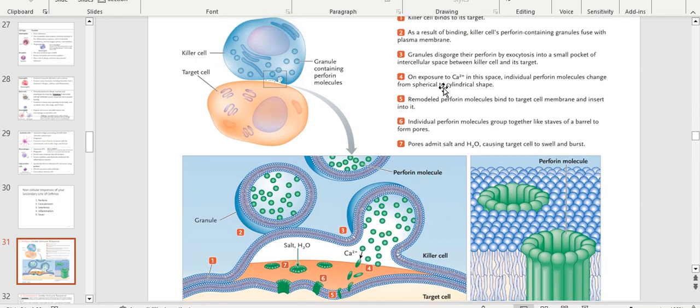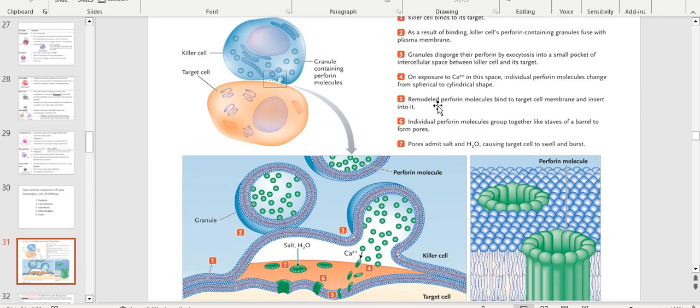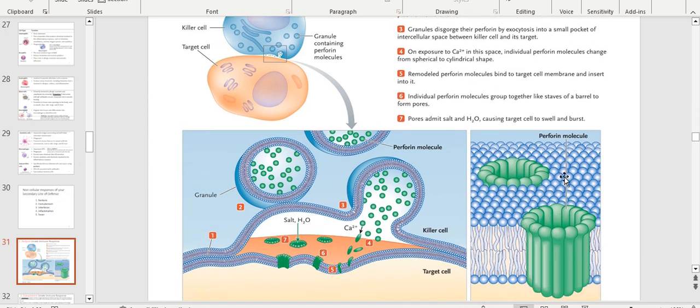As a result, killer cells bind to the target, that's number 1. You'll see what's going on in the membrane of the particular cell, and these perforin molecules, you'll see what happens. They create these holes.